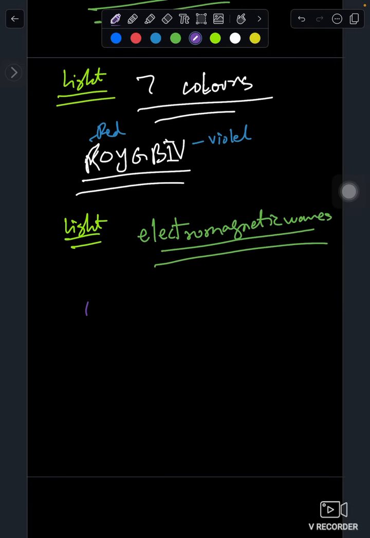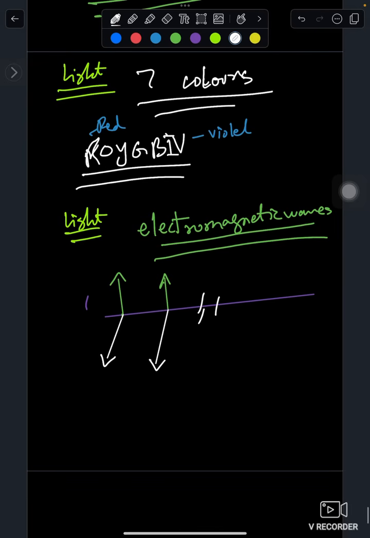By electromagnetic waves, I mean a combination of a horizontal and a vertical wave, and one is the magnetic field line and one is the electric field line. The combination of these two gives us light. This is what light travels as. So this is how light travels.